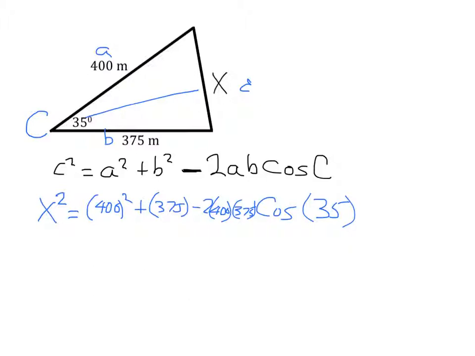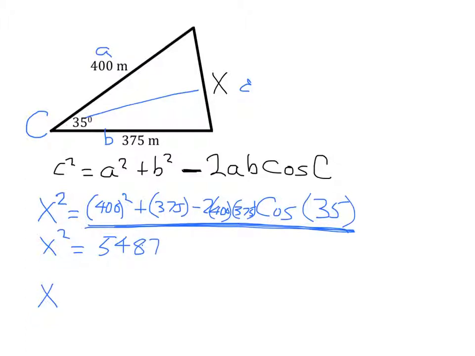Alright, so all we need to do is type in all of this to the right into the calculator, and then we're going to have to finish by square rooting, just like we would finish with the Pythagorean theorem. So I'm going to plug this into my calculator. It takes a few seconds. Alright, all that work to get this number here, 54,879.38671.